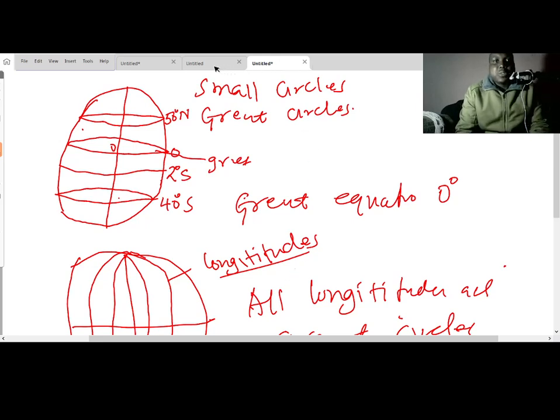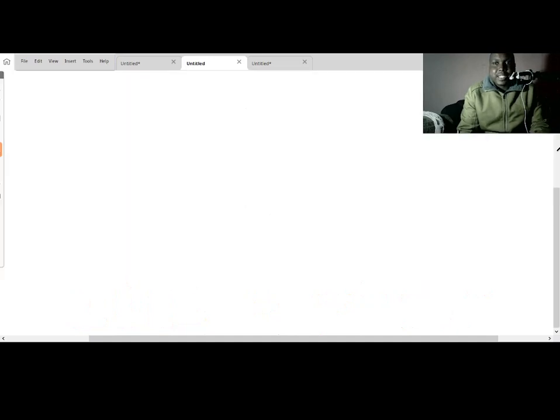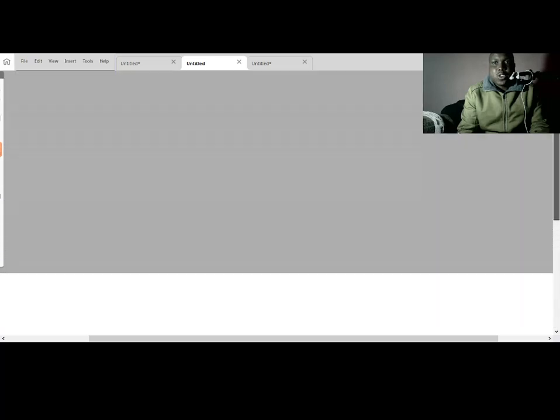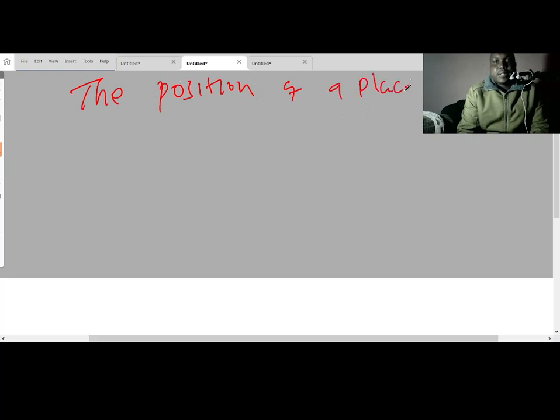The next thing we need to know is how to place a position on the Earth's surface. The position of a place on the Earth's surface.